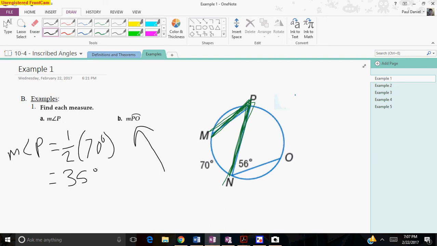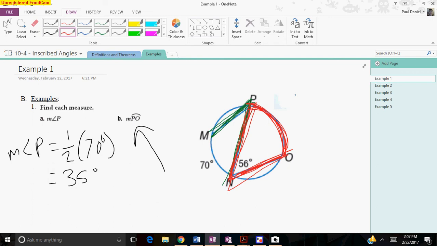All right, the arc. Same thing goes. Again, PO is right here. That is an intercepted arc. Here's the inscribed angle that makes that arc. They say that that angle is 56 degrees.